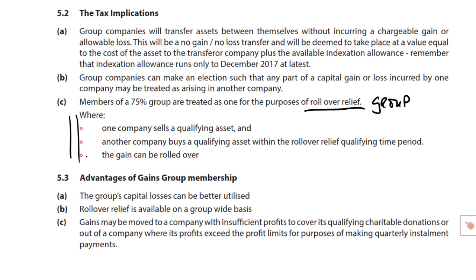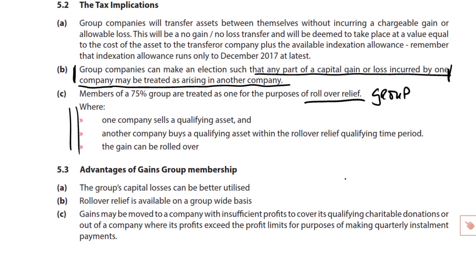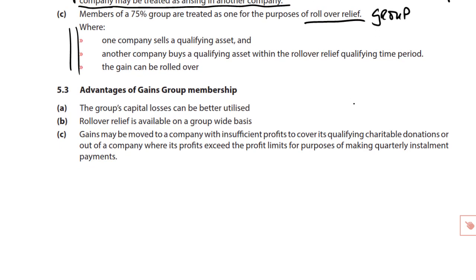What is of more interest to us, and potentially therefore rather more examinable, is this election that allows, as we have seen here, any part of either a gain or loss incurred by one gains group member, one company, to be treated as arising in any other gains group member. So what advantages, therefore, do we have of gains group membership?